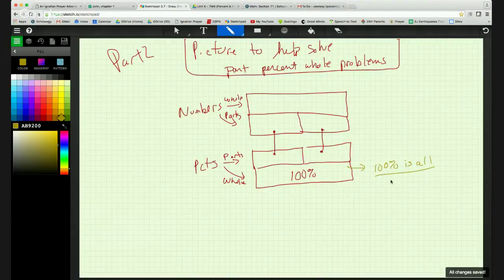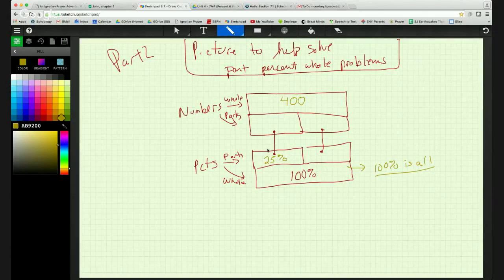Now let's look back at our example that we just did, where we had 400 kids. This was our whole. And we had 25% were 7th graders.